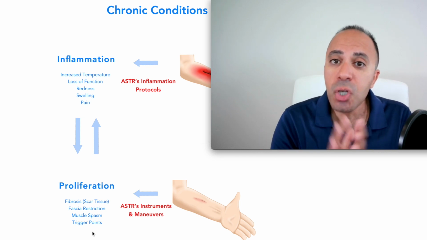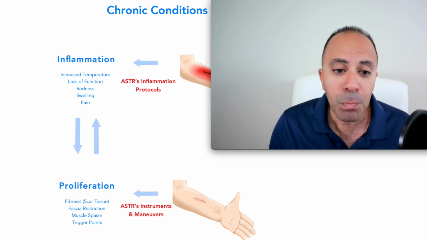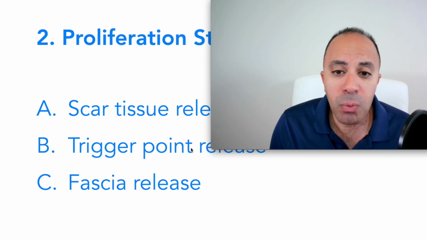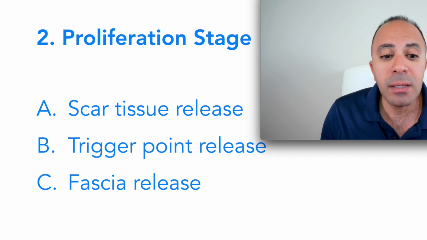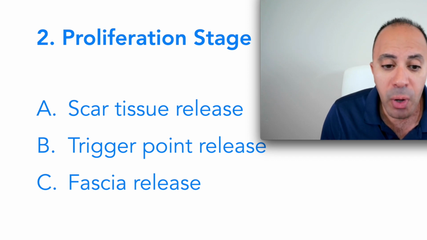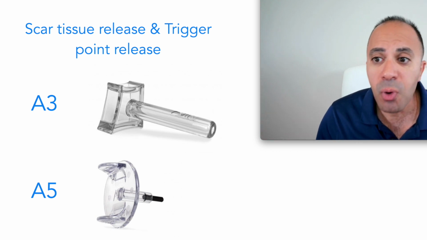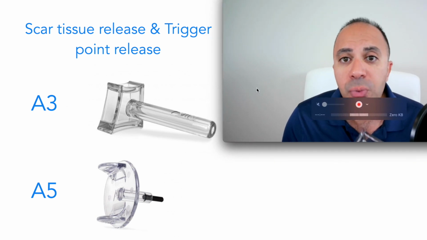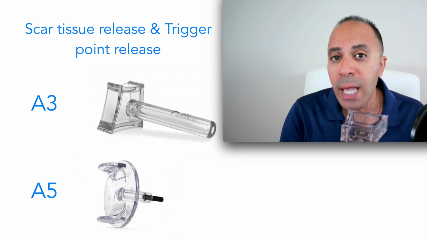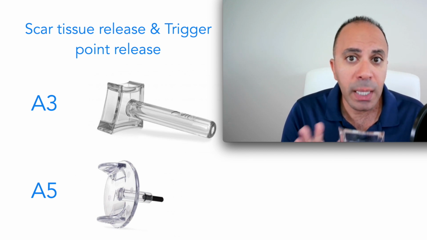You cannot pick and choose what to work on. So the first thing I will work on is the scar tissue, fascia, and trigger points. In the home self-treatment program for patients, I go over when to do that in relation to the inflammation, because we have to be sensitive with the inflammation.